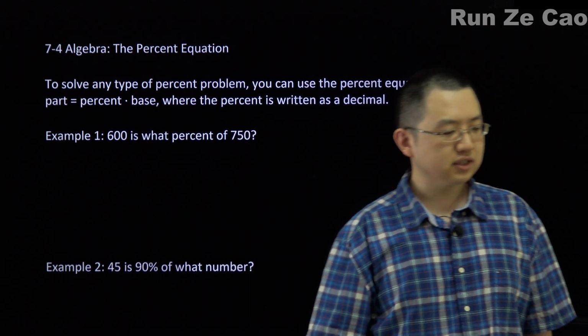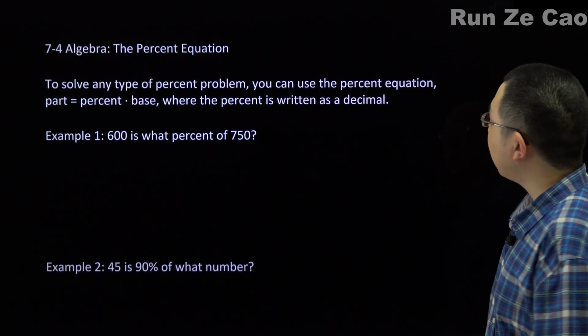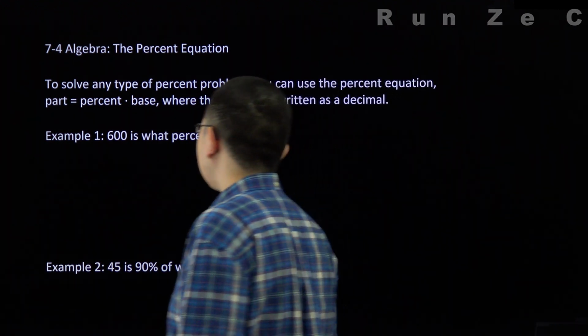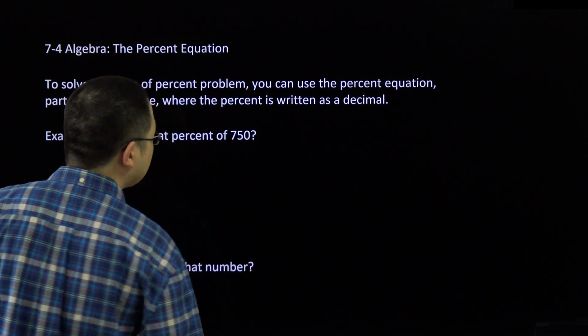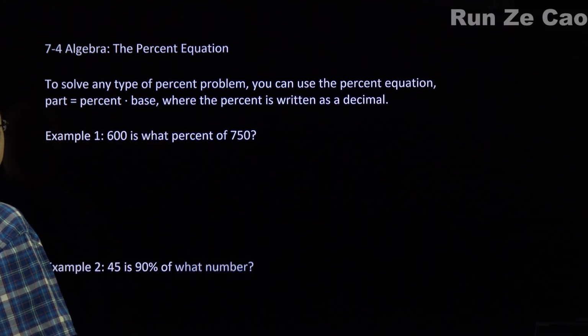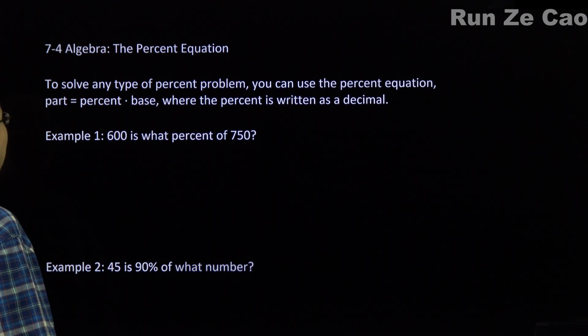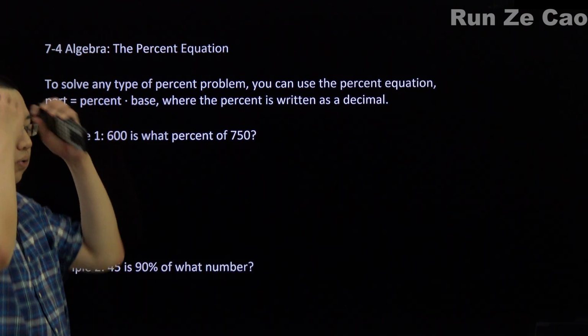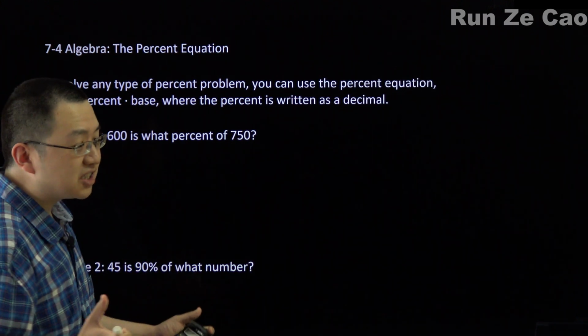The percent equation. To solve any type of percent problem, you can use the percent equation, which is part equals percent times base, where the percent is written as a decimal. Why don't you just say fraction times base? Percents are fractions.